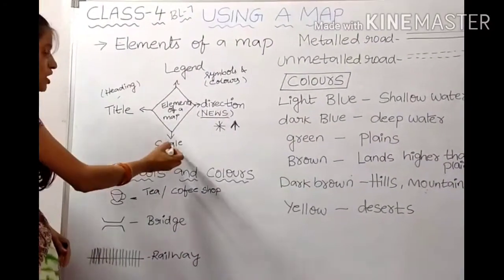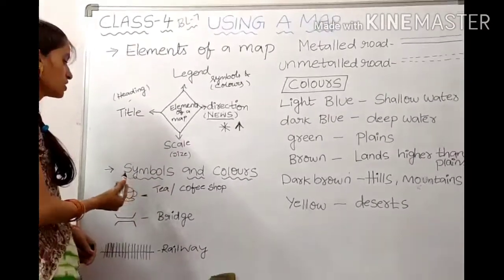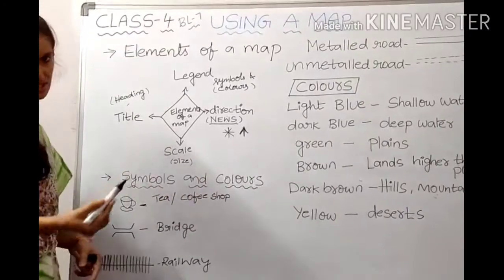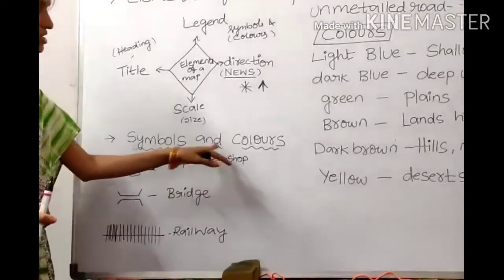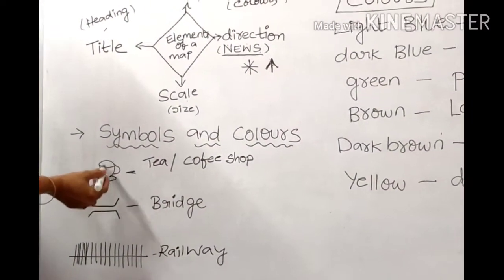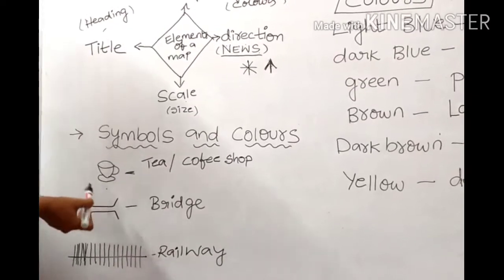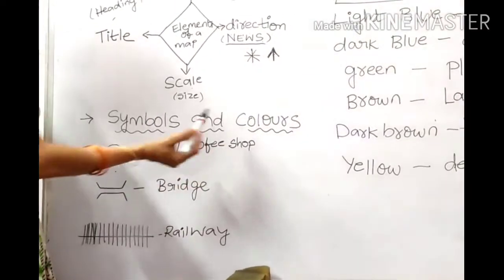And we came to know about the scale, and about the symbols and colors. Look at the board, children, there are some symbols and colors. I drew this yesterday. This is a cup and saucer, which indicates the tea or coffee shop.